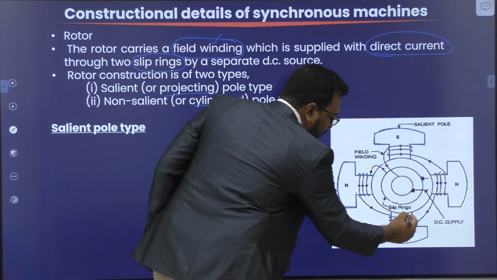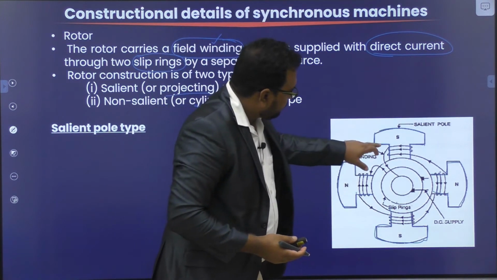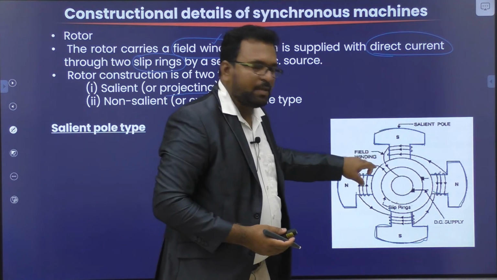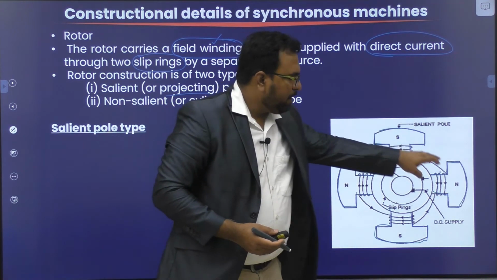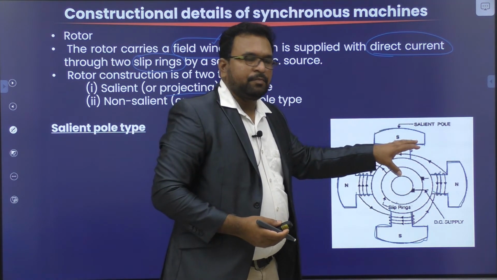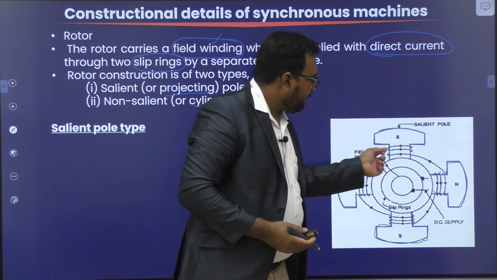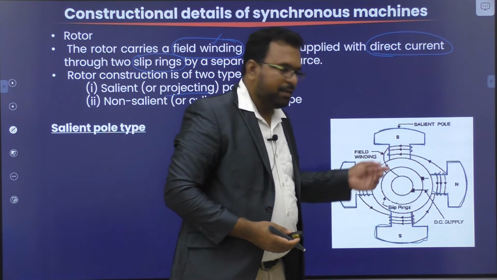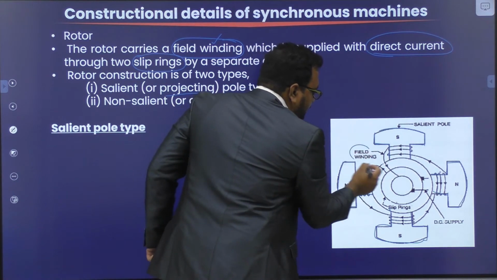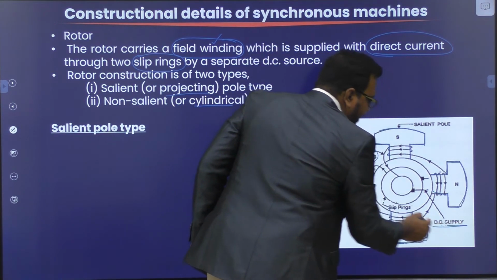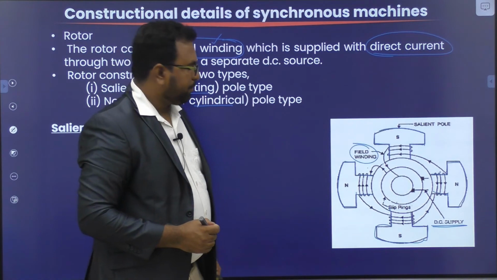So these are the 4 poles. And if you observe, there is a gap between the poles. That means the flux is not going to be uniformly spread between the poles. And the winding that is provided on this rotor is called the field winding. So this winding is called the field winding, and we are going to provide DC supply to the rotor.